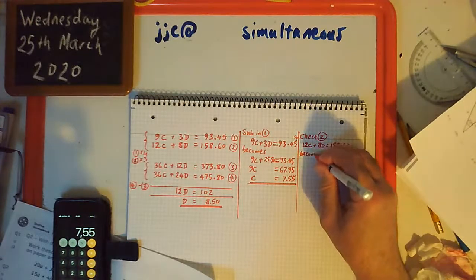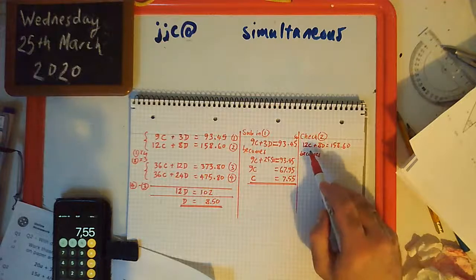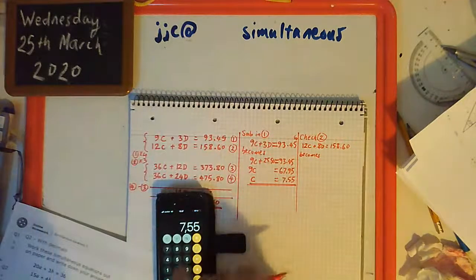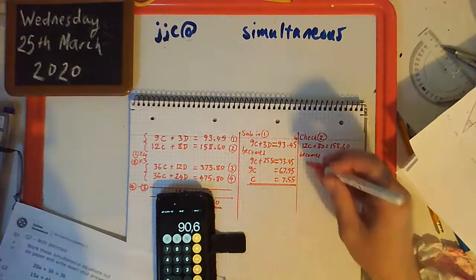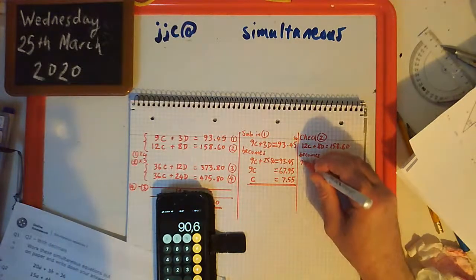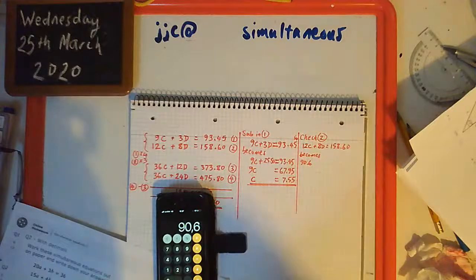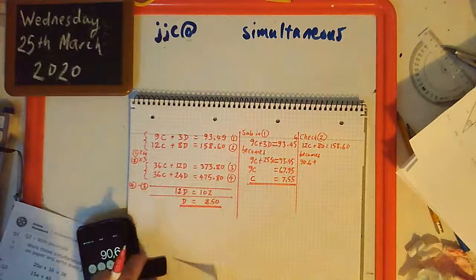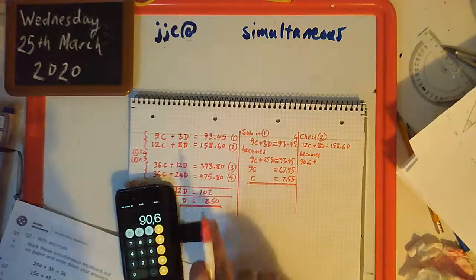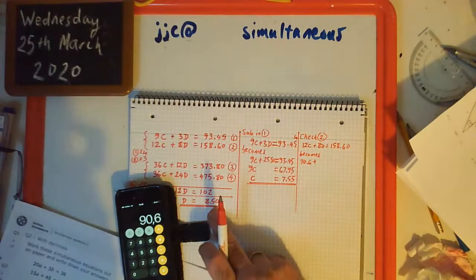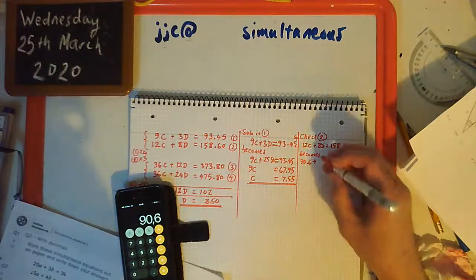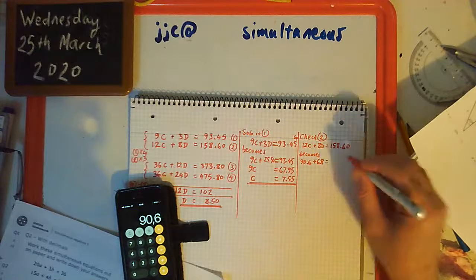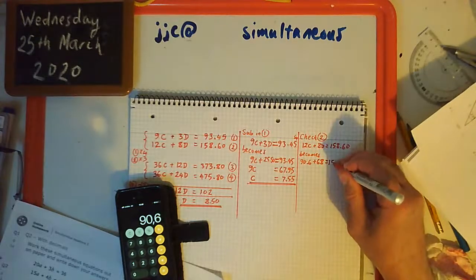So now that I know what C is, 12 times C is 12 times 7.55, $90.60, plus then 8D, 8 times the cost of a DVD, 8 times 8.50, I can do that in my head, is 68, is supposed to equal 158.60.